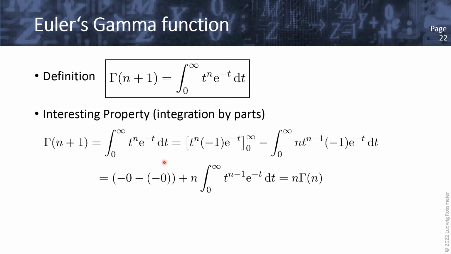And in the next step, we evaluate this using t going to infinity. And in this product, the exponential wins, and all of the stuff will go to 0 if we put t as infinity.